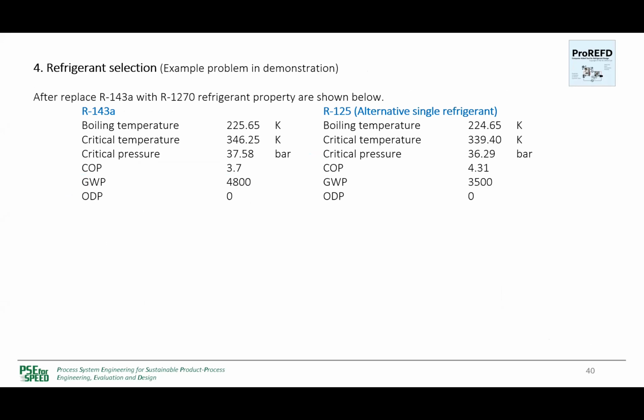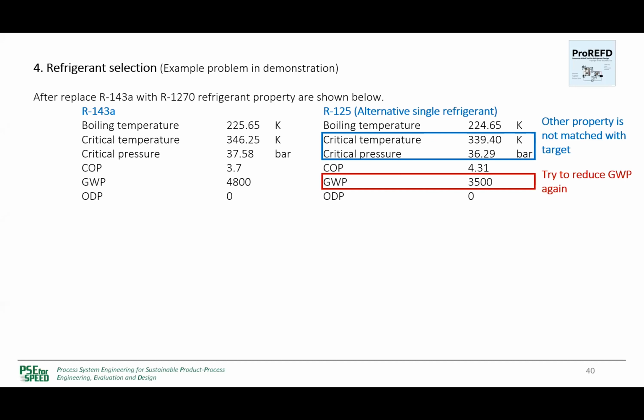After replacing with 125, the boiling temperature is close to the reference one, but the GWP is lower. But critical temperature and pressure are not matched. Also, the COP is a bit low and GWP is a bit high.